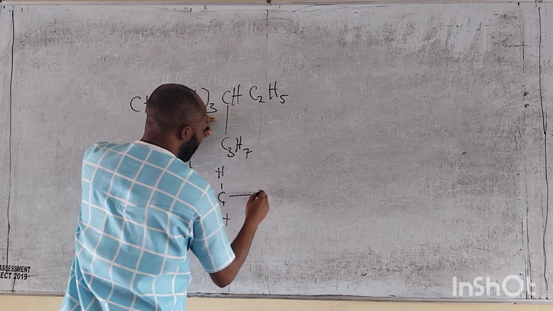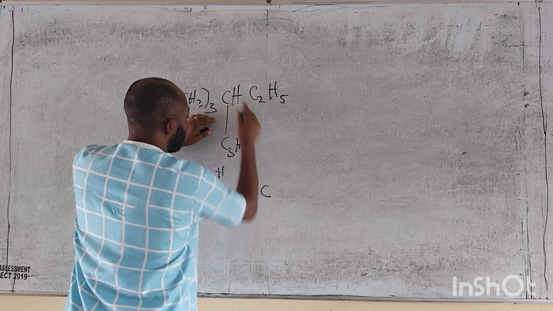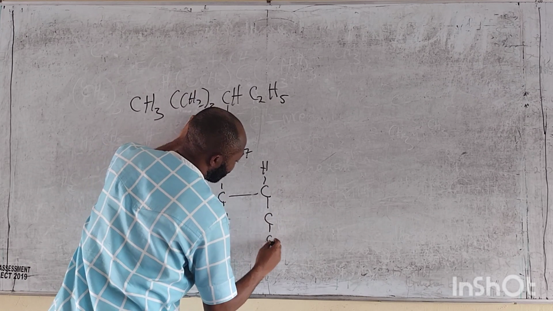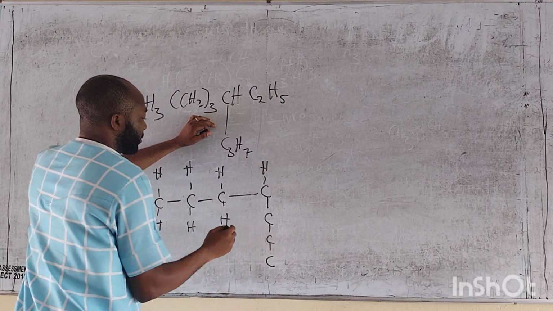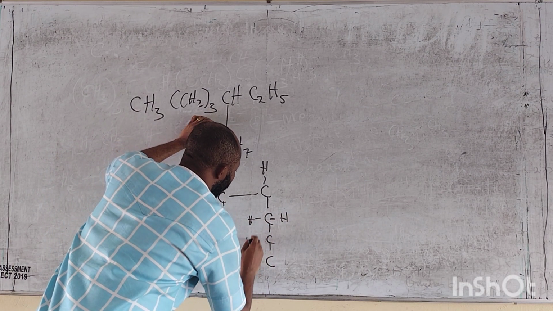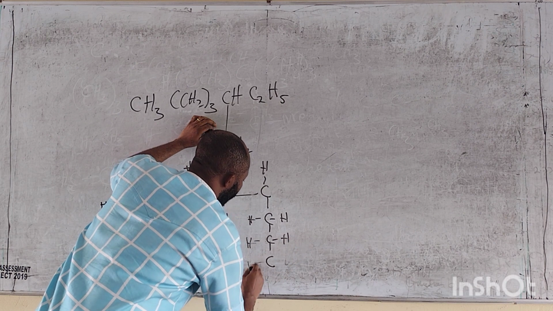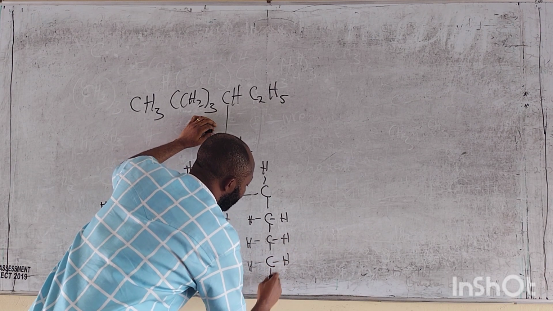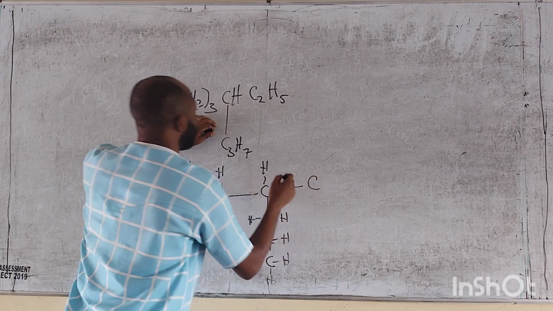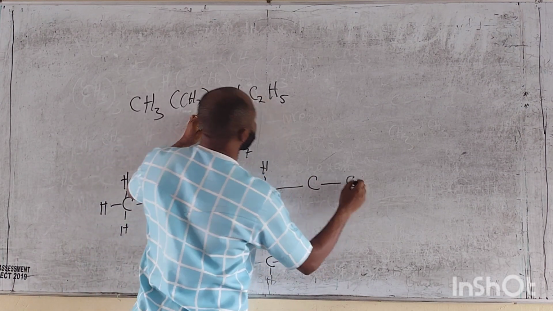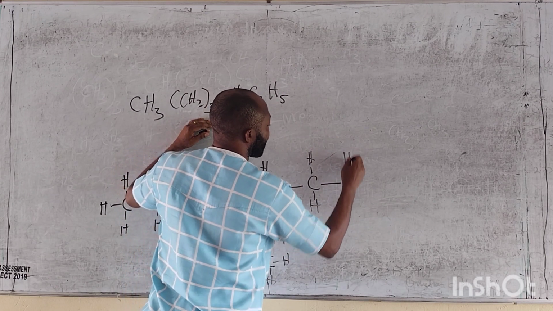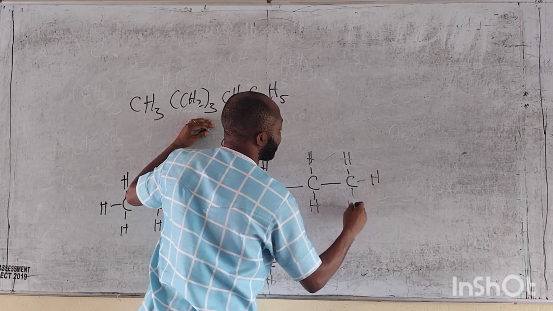And here I have C, which contains hydrogen, and C3H7: 1, 2, 3, 4, 5, 6, 7. Move further. This is my C2H5: 1, 2, 3, 4, and 5.